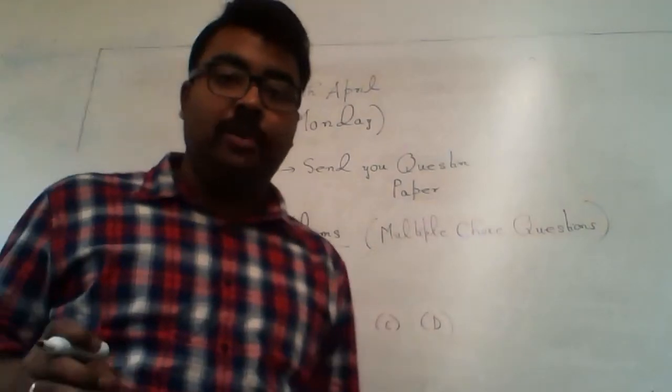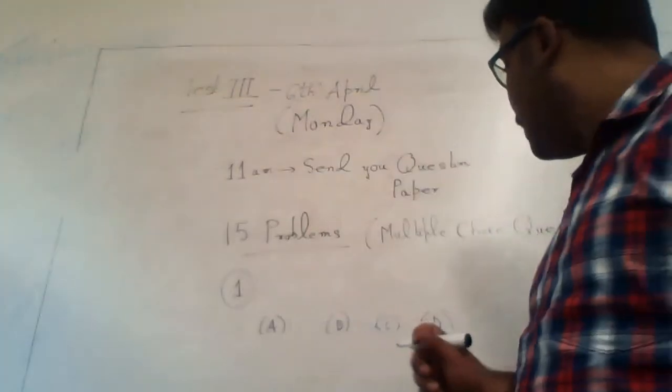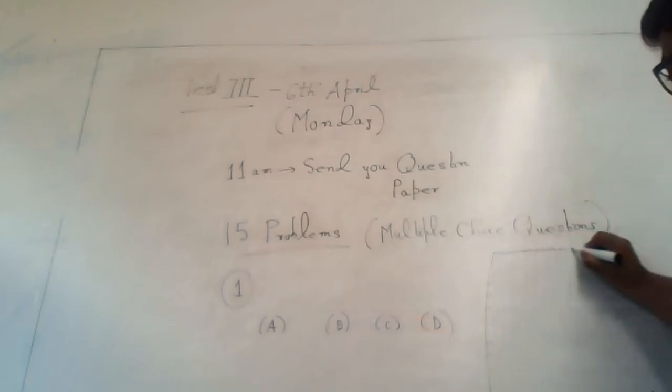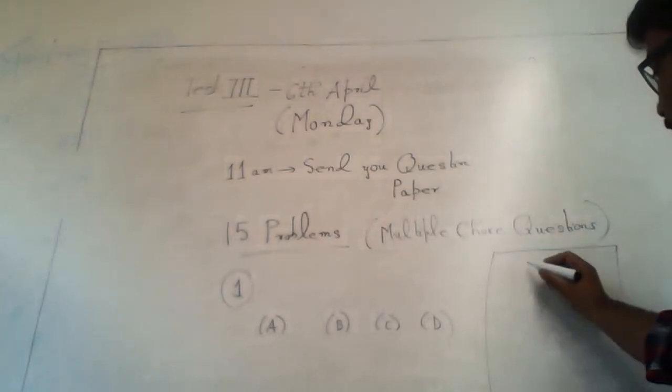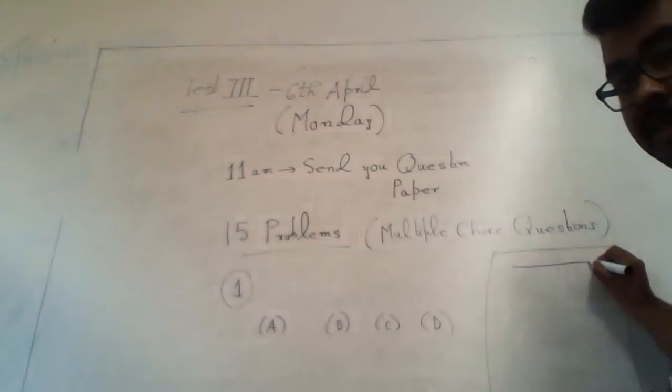Now how are you going to write your answer script? You need to take a sheet of paper. At the top of the sheet of paper, write down your name. For example, whatever your name is, just write it at the top. It's very important.